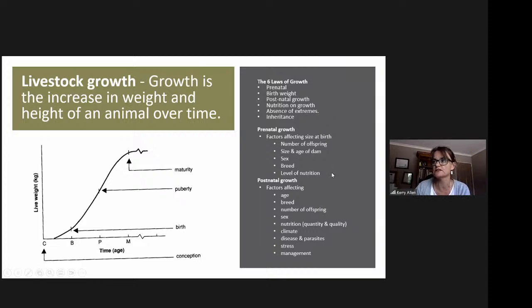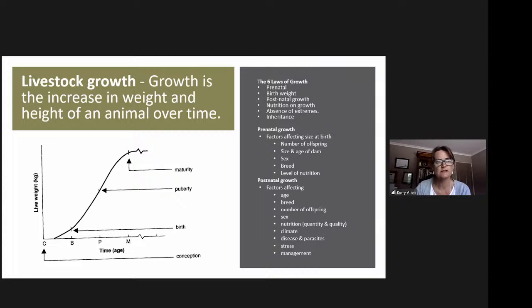Very similar, it goes into postnatal, so after, but there's 3 more areas that we just need to quantify there. First one is climate. So if they're in cold conditions, they use more energy, so they don't put on weight as easily. It's pests and diseases, so these are external. So if they've got lice or ticks or some form of disease, then obviously that's going to cause a lack of weight.